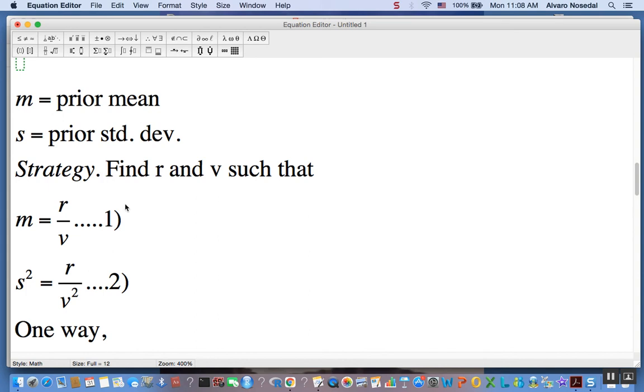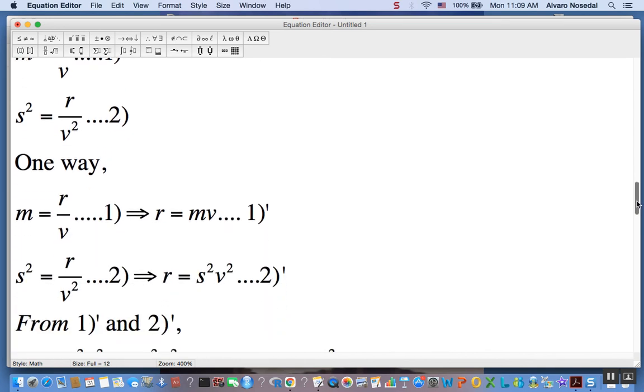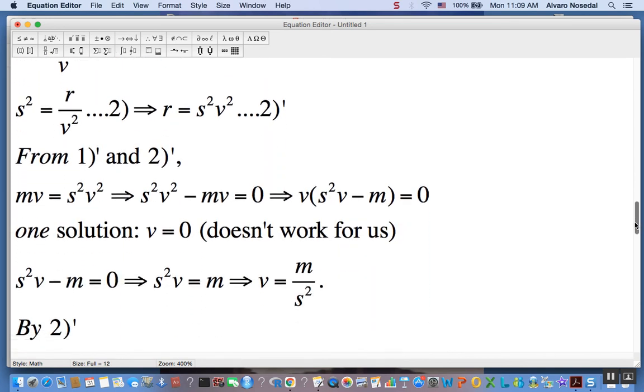Then we use the expressions for the expected value and the variance of a gamma with parameters r and v, and we set up a system of equations. We solve for r and v, and there we are. We have the parameters of our gamma prior.